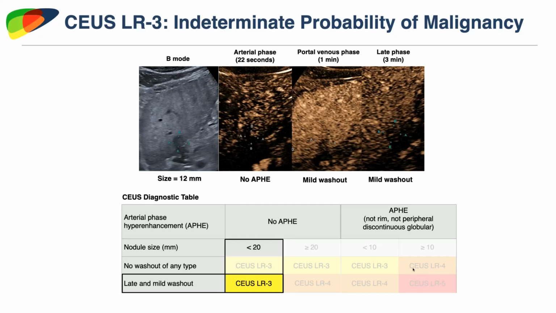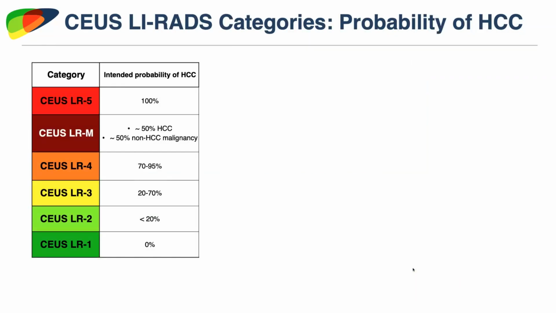And similarly with this case here, we do have some washout, but without the arterial phase hyperenhancement, this still qualifies as an LR3 observation. So going through the features and assigning the category is very similar to CT and MRI LI-RADS. So what does the literature say about this?